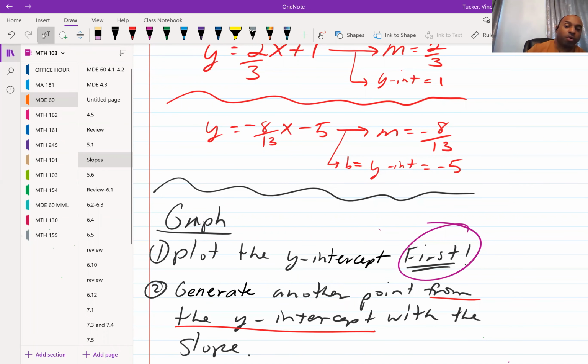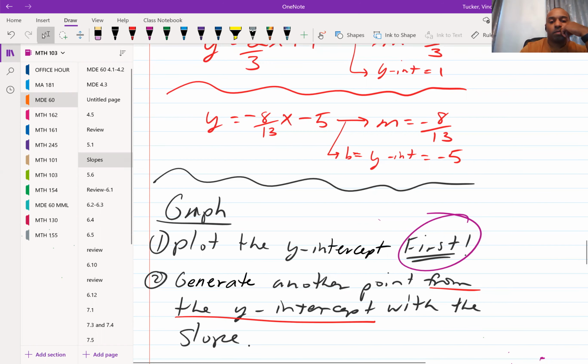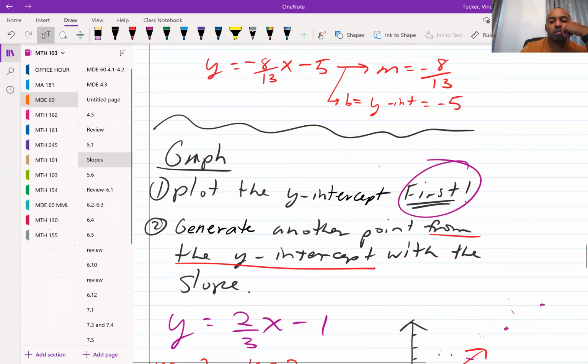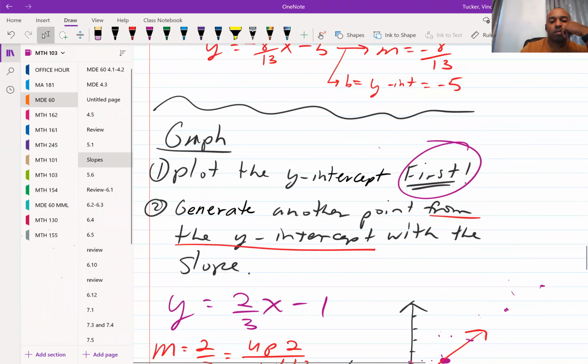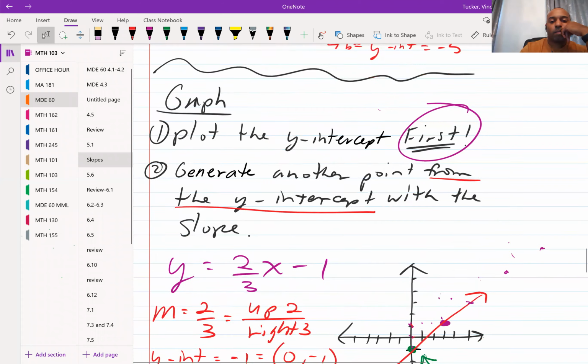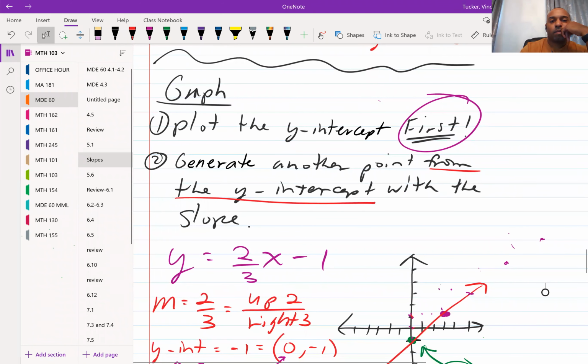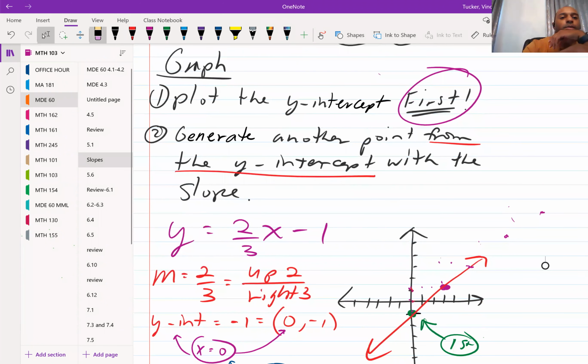We're gonna generate another point from the y-intercept with the slope. Because remember, our slope is not a point. It is a set of directions. Go up to the right, up 5, left 7. They're directions. So we don't go to the origin, we go to the y-intercept, with the slope. All right, we'll erase this.